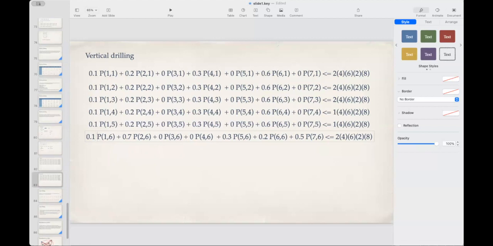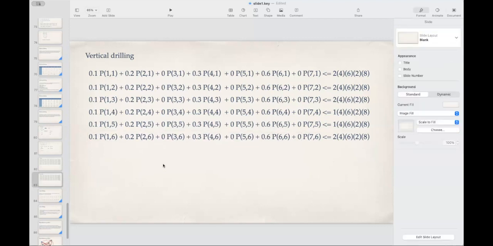This is one. Yes. Okay, good. Now it's for vertical drilling. Okay, any questions?